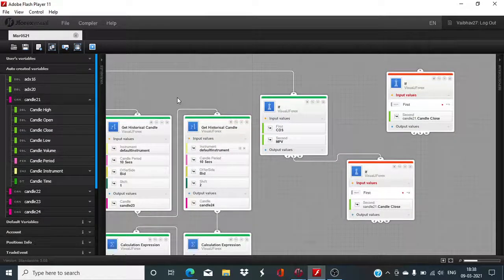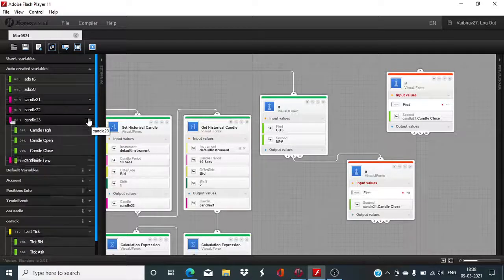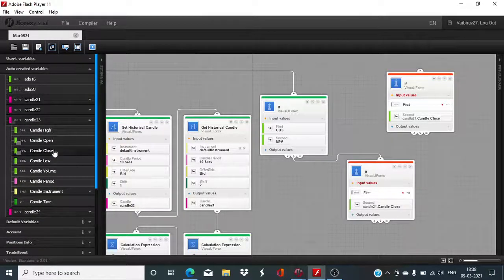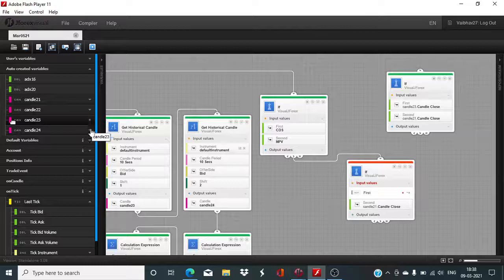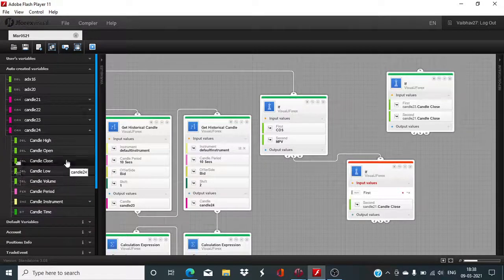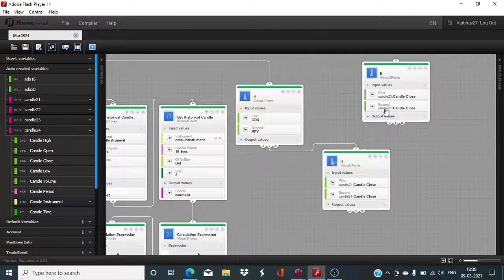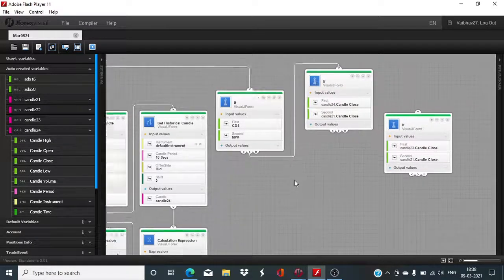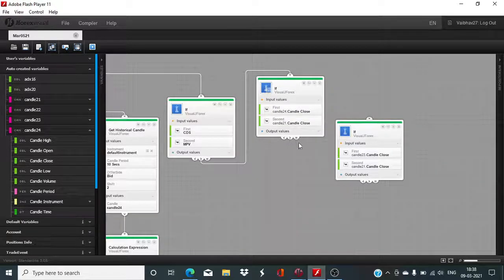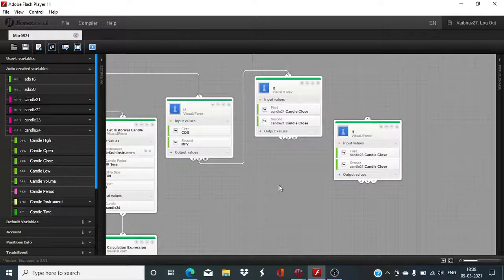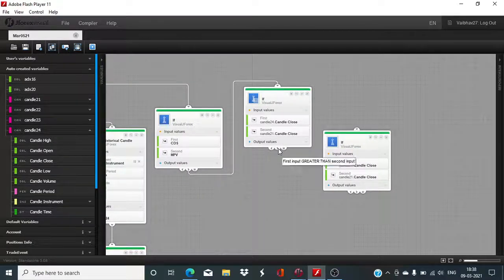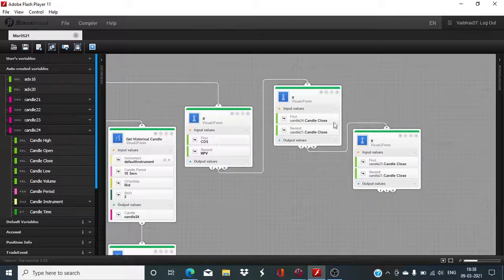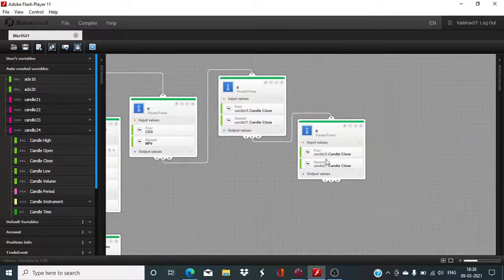Candle 24's closing should have been above candle 21's close, and then candle 23's close happens below. That means now the price is going below the closing value of the last hourly candle. So this first input greater than second input, and then this candle 23 should be below.